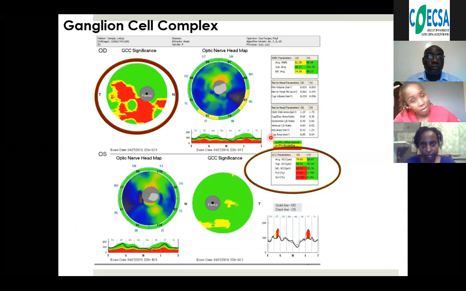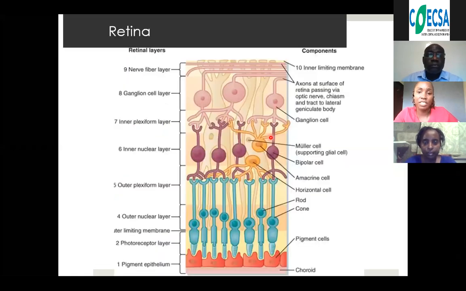Now, quickly, we'll look at the ganglion cell complex. This is a new technique of diagnosing especially early glaucoma. It's what people are using now to help know whether the patient actually has glaucoma or is about to develop glaucoma, because of the things I'm going to mention shortly.